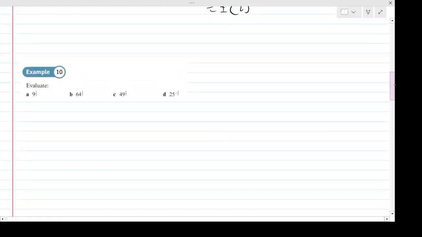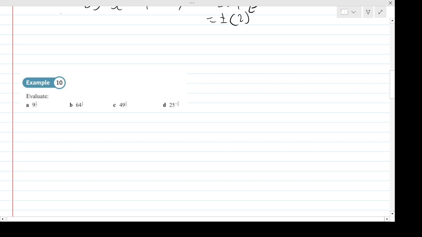Oh, and here we have numbers again, and it says evaluate. Now, you will have a calculator in all your exams, but I do still think it's a good idea to go over this question. First of all, because these are the sort of indices that come up from time to time in exams. They come up fairly often.